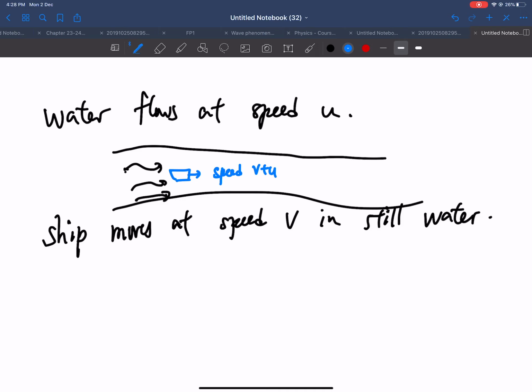That means it travels along the direction of the medium, the water, and has the speed v plus u. Obvious.